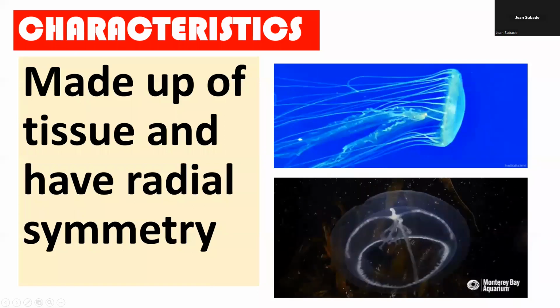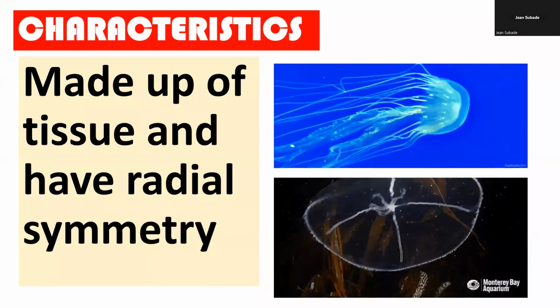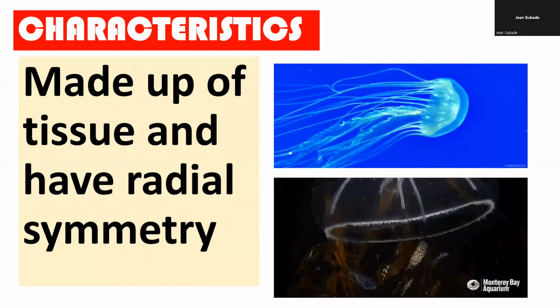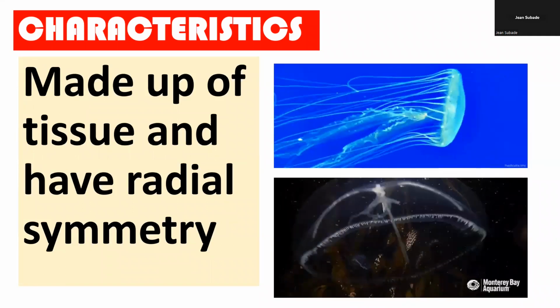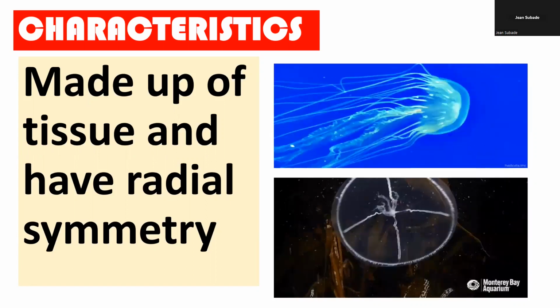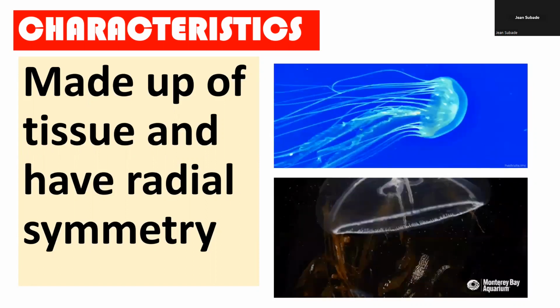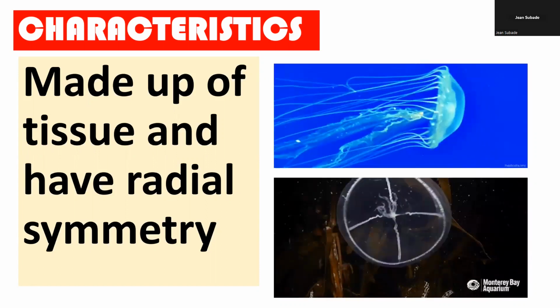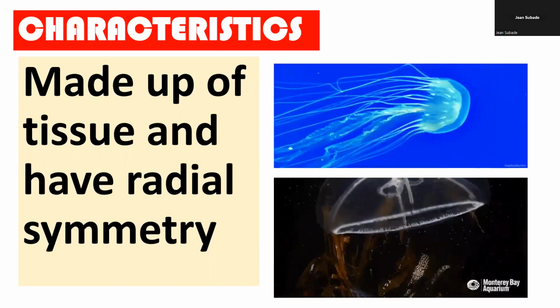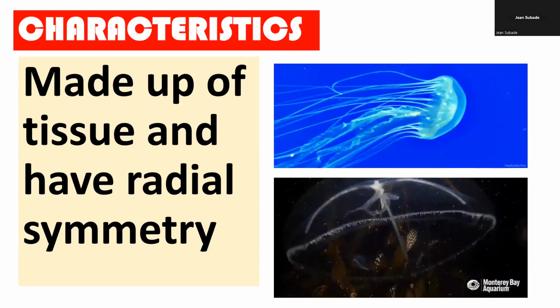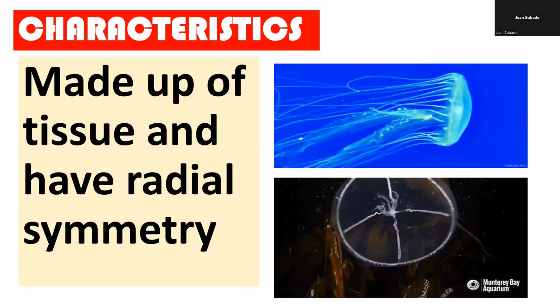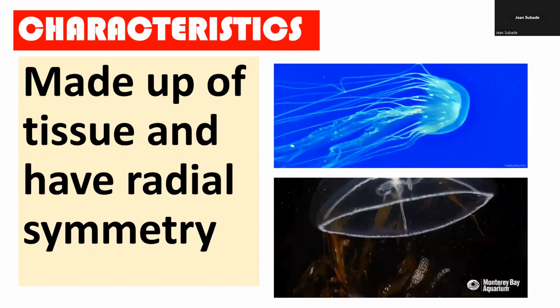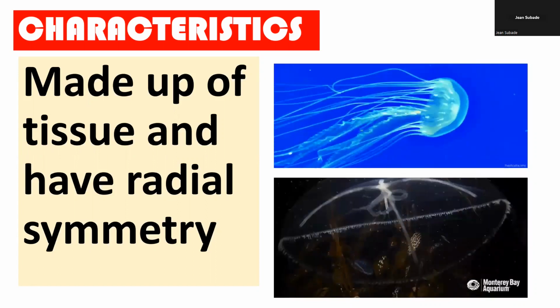Next, if we look at their body, they are made of tissue. They are somewhat round in shape, and if we look at both sides of their body, they are radially symmetrical. Whatever they have on one side is the same as on the other side.